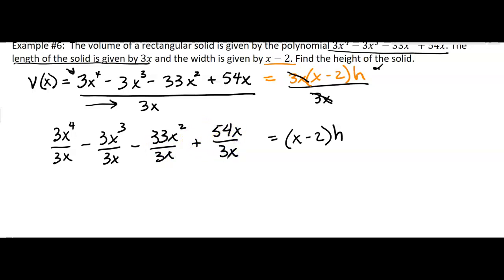And then I can just simplify each one of those. So I'd have x cubed for the first one, minus x squared, minus 11x, plus, how many times does 3 go into 54? 18.